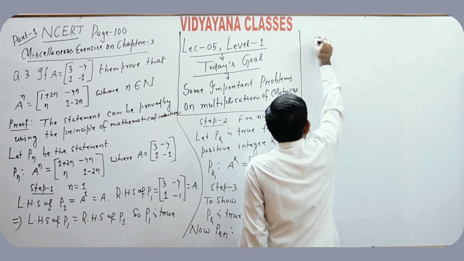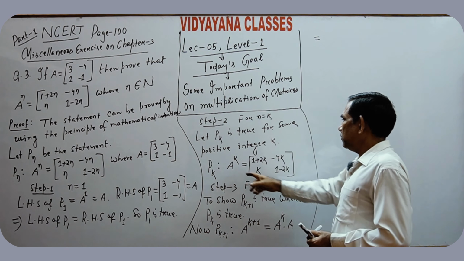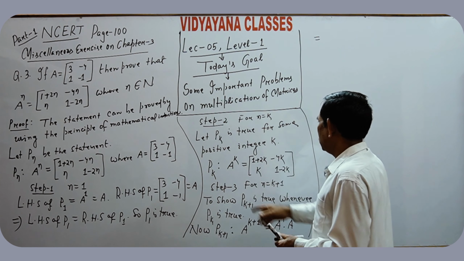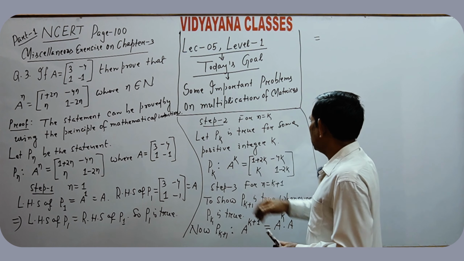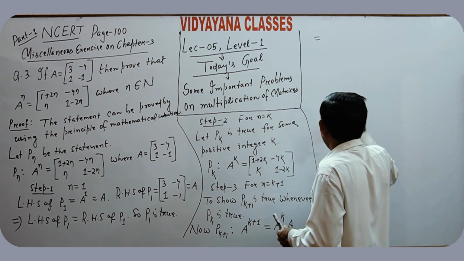Which is same as A to the k, assumed to be true.